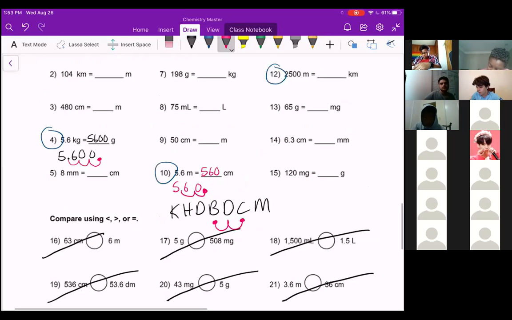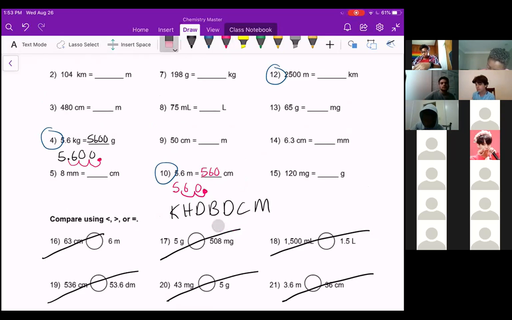All right, then we had number 12, 2,500. Decimals are always at the end if you don't see it. Faith, can you tell us what box we're in and which one we're moving to? Basic unit. And we're moving to which one?